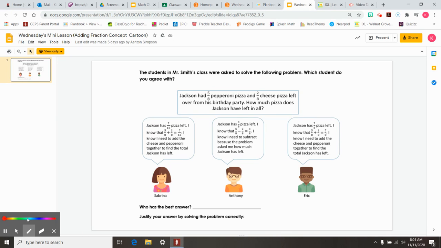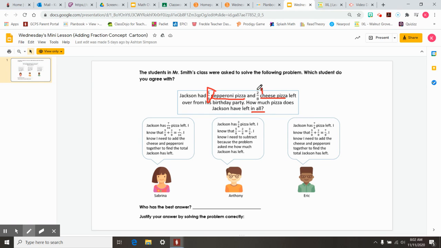Well, first I need to think about what is the question asking me. It says, how much does he have left in all? So that right there tells me that I'm going to add. But it is also telling me that he had a pepperoni pizza. He had some left of that one. And he also had a cheese pizza left over from his birthday party.